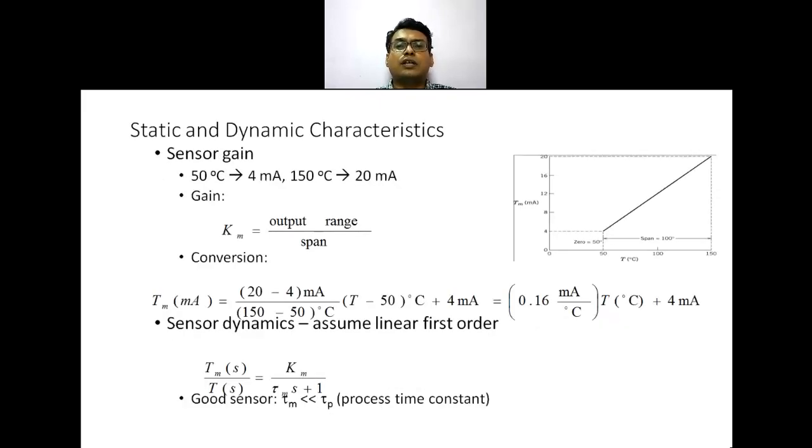Then generally your 4 to 20 milliampere is the current range. So if I have to measure the temperature from 50 degrees Celsius to 150 degrees Celsius, I will keep the minimum 50 degrees Celsius as 4 milliamperes and 150 degrees Celsius as 20 milliamperes.